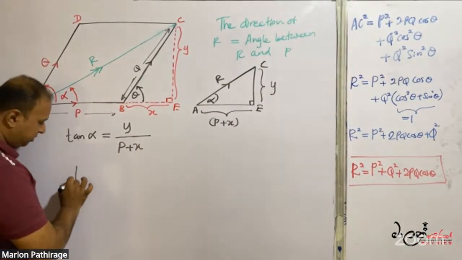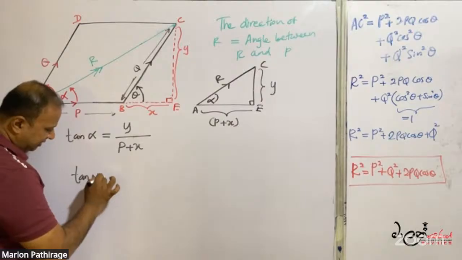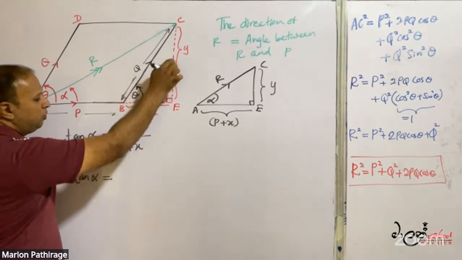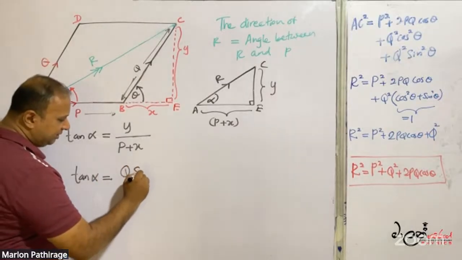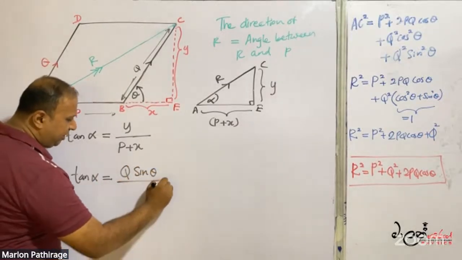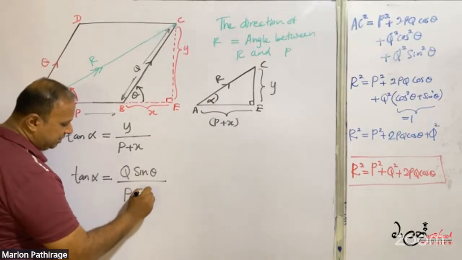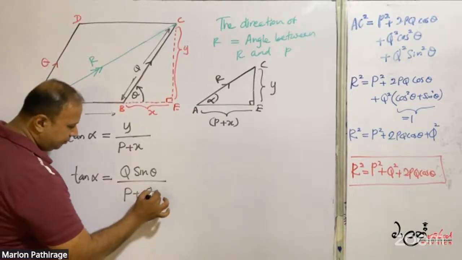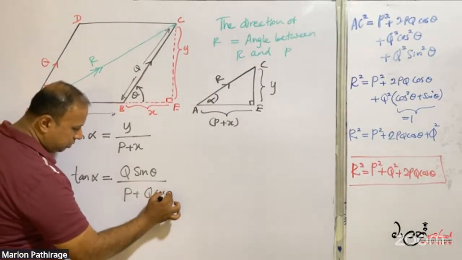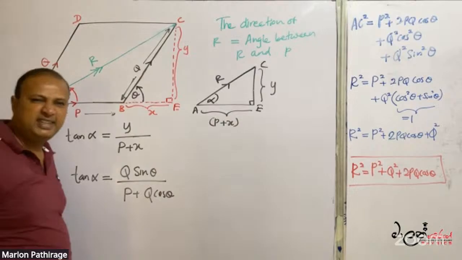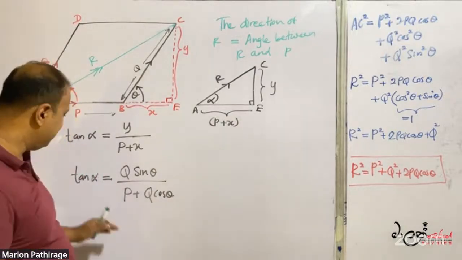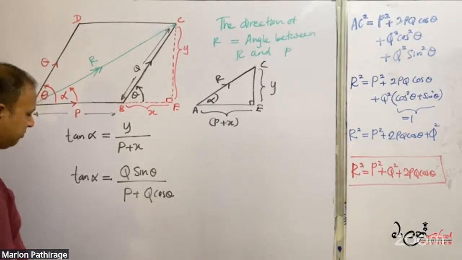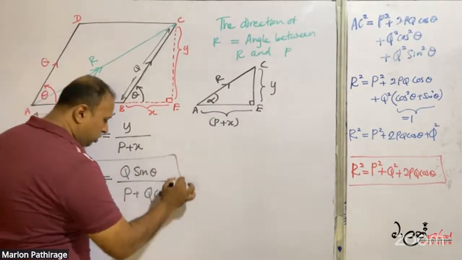Okay, therefore tan alpha is equal to Y, which means q sin theta, divided by P plus X, which means P plus q cos theta. Therefore, tan alpha is equal to q sin theta over P plus q cos theta.